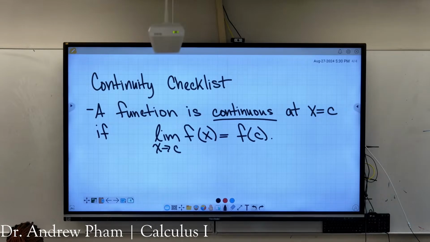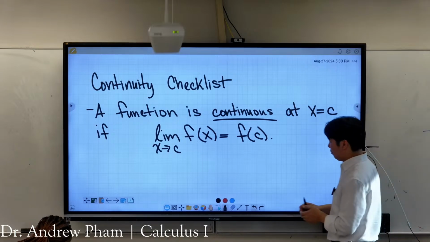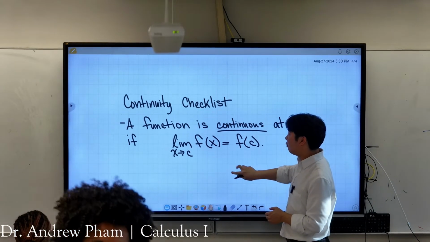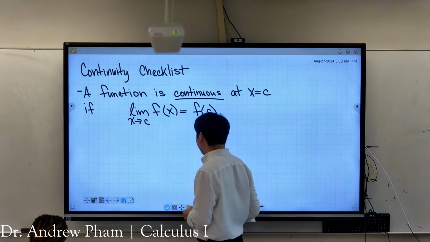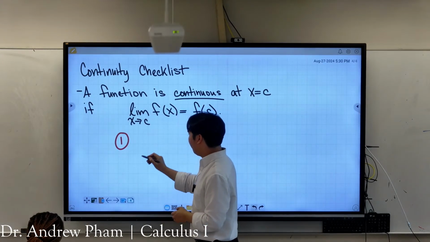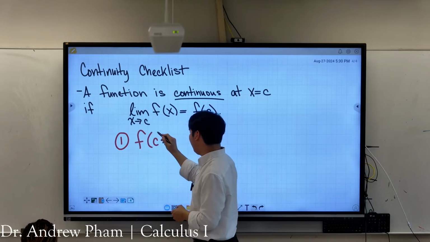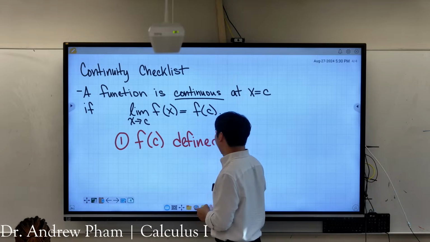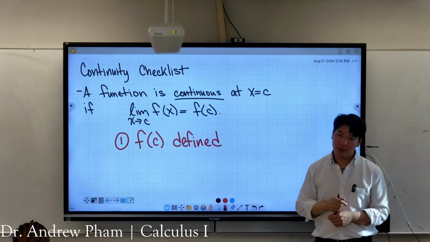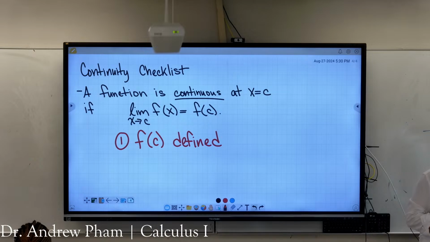You check this condition. And really, I can break this down into three parts. The first one is, is f of c defined? What I'm writing in red is the same thing as this limit being equal to f of c. They're both equivalent ways of saying it.